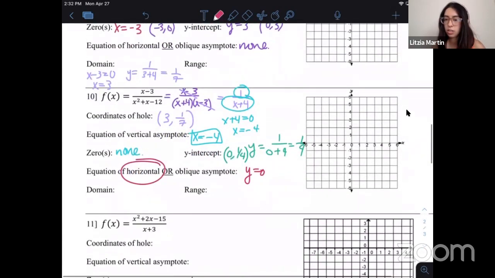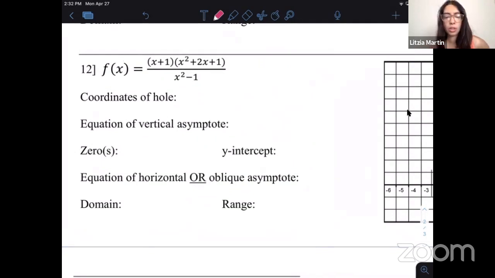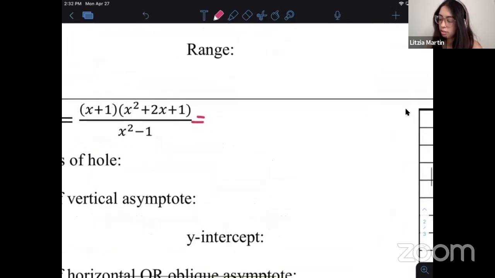Okay. I'm going to jump over to number 12 here. So 12, again, we're going to factor from here. So that just becomes a whole lot of x plus 1s in the numerator.